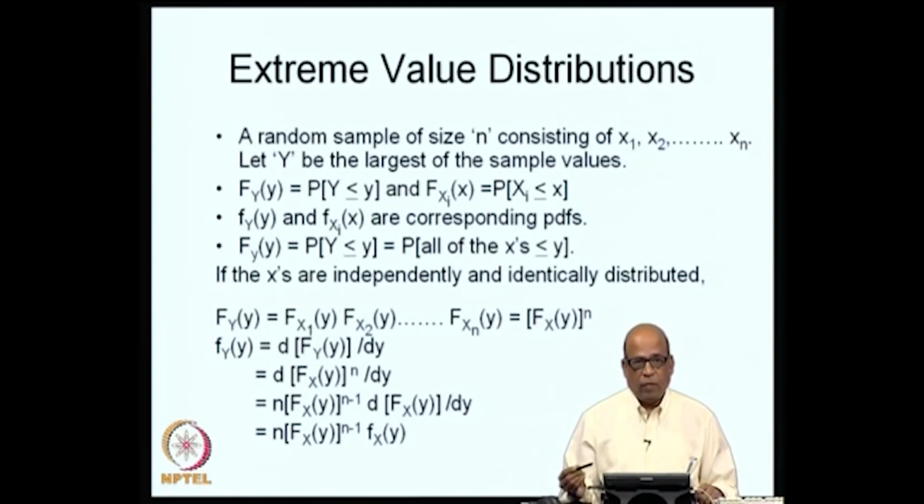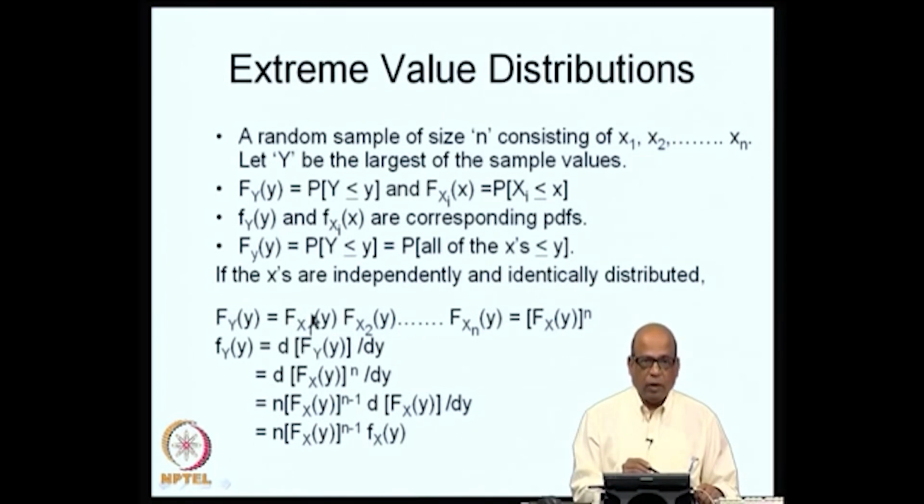Because they are independent, we can write this as the probability of x 1 being less than or equal to y into the probability of x 2 being less than or equal to y and so on. So, we can write F y of y as F x 1 of y into F x 2 of y, etcetera, F x n of y. This is because x 1, x 2, x 3, etcetera are all independent.